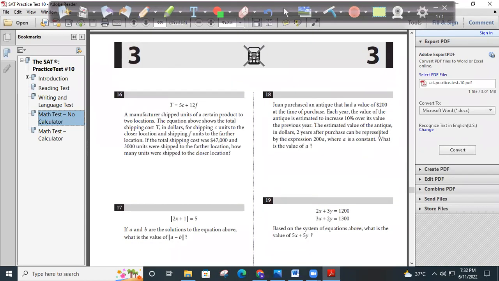Now I can see a percentage question here. So let us solve this percentages question now.